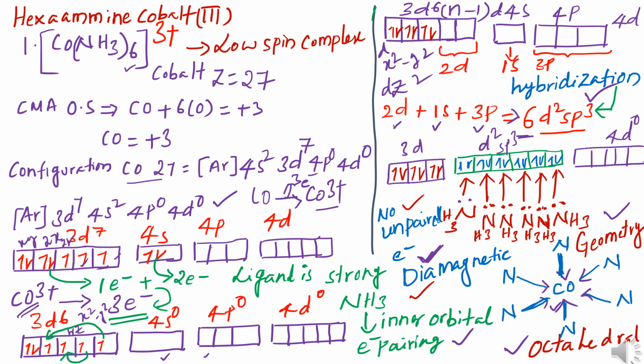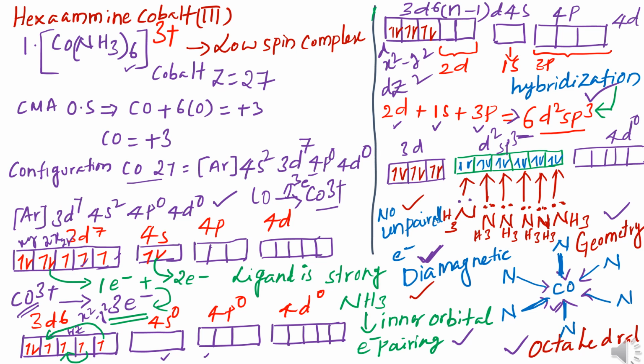So how have we described the parameters of the coordination compound having strong field ligand? Here three parameters we have described. One is the hybridization of this coordination compound, d2sp3, that we have found out here.